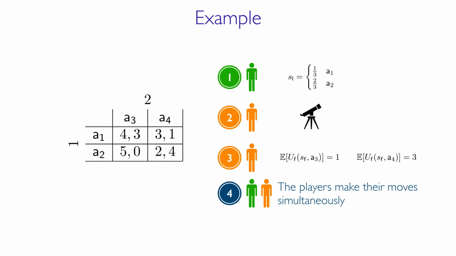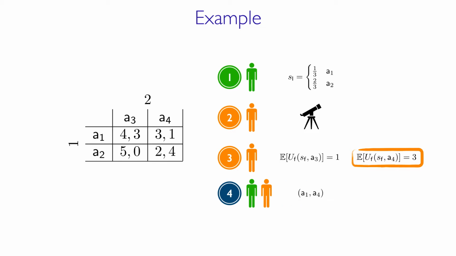The follower computes the expected utility she will gain when playing A3 or A4. Action A3 gives an expected utility of 1, whereas action A4 gives an expected utility of 3. Thus, the unique best response of the follower is A4. Therefore, the strategy of the follower is exactly to play A4.